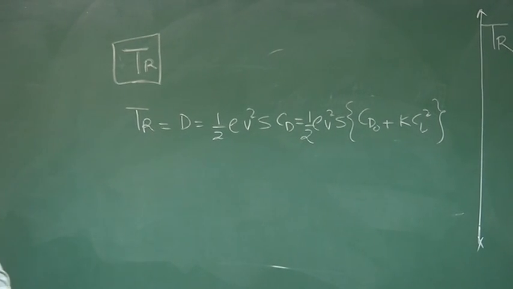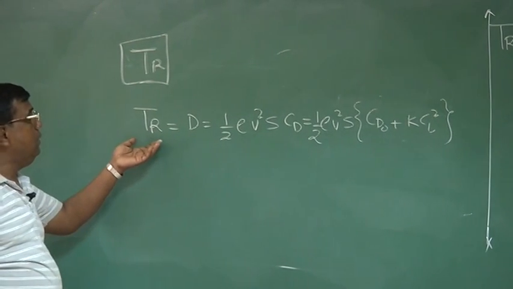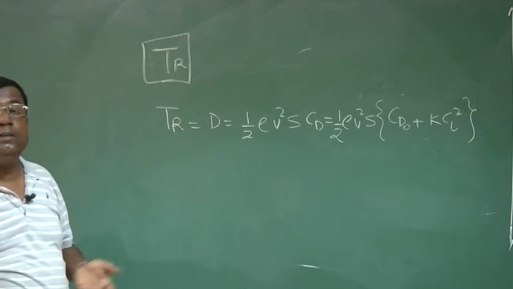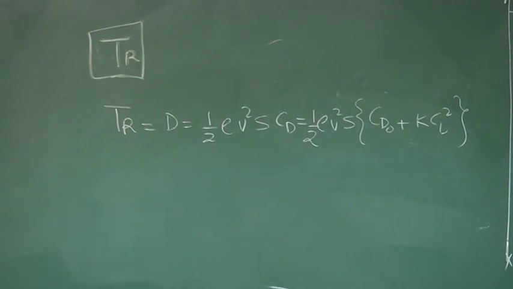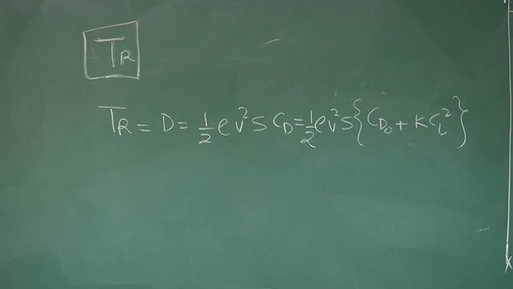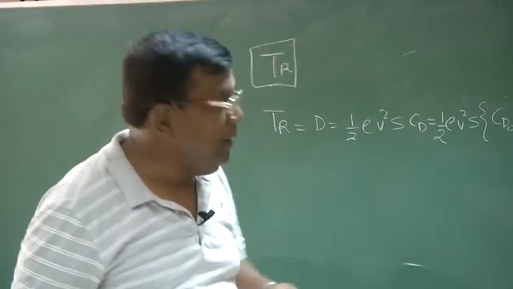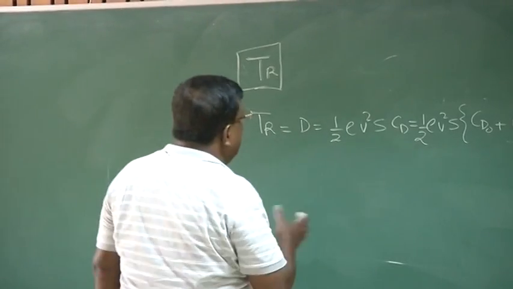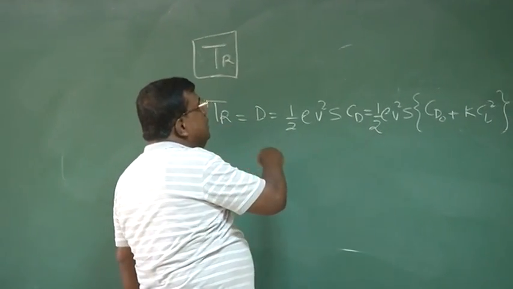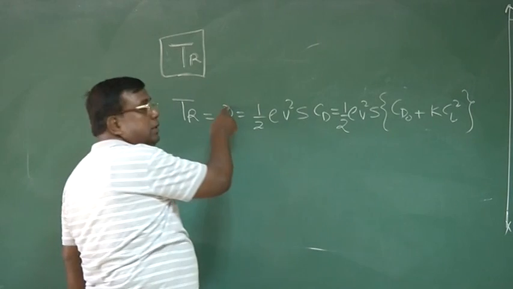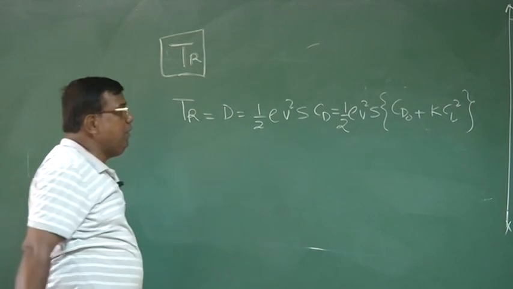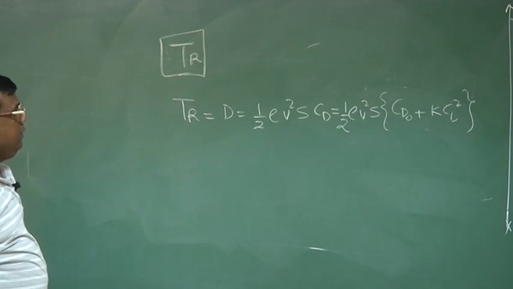One thing I know, if I want to find out the thrust required for different speeds, at different speed drag also will change. So to balance that drag, I need to change the thrust, right? So I want to know the variation of thrust required versus speed through drag. This is important.